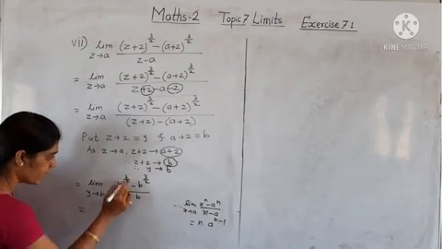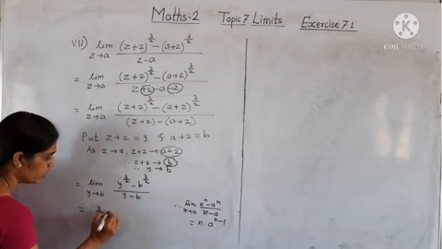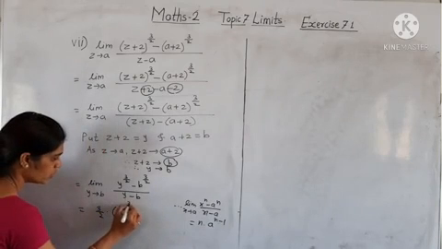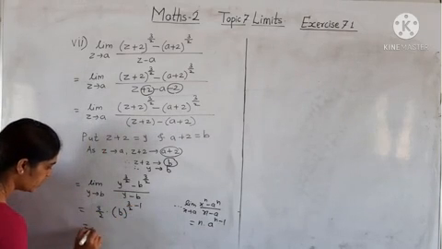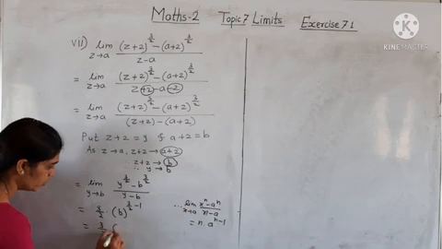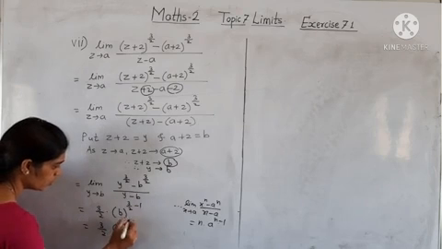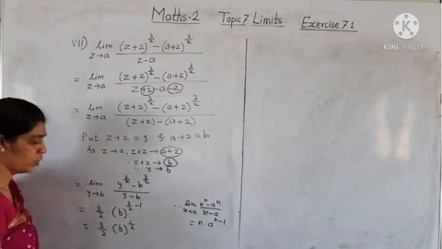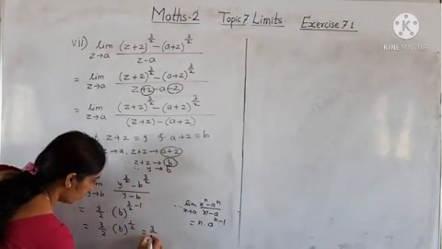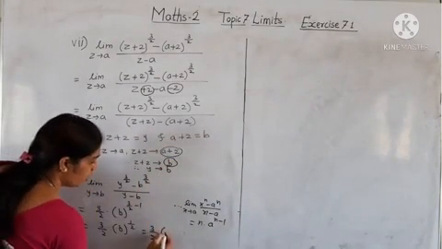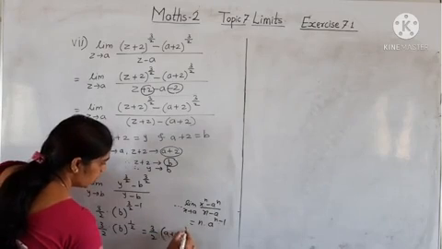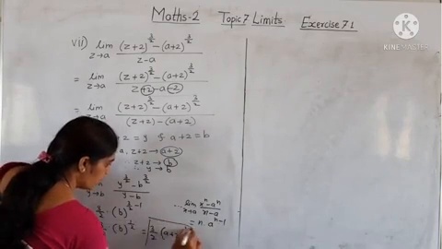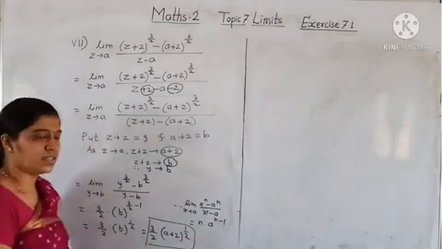So here we write 3 upon 2 into b raised to 3 upon 2 minus 1, that is 3 upon 2 into b raised to 1 upon 2. So final answer is 3 upon 2 into, what is the value of b? (a plus 2) raised to 1 upon 2. This is our last answer.